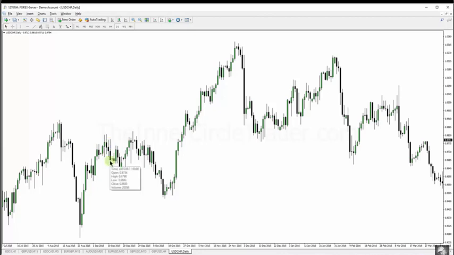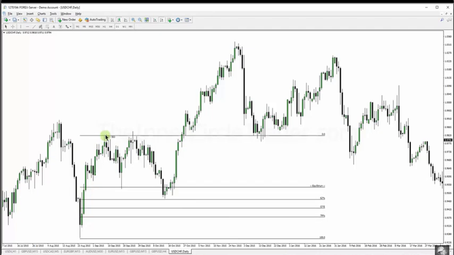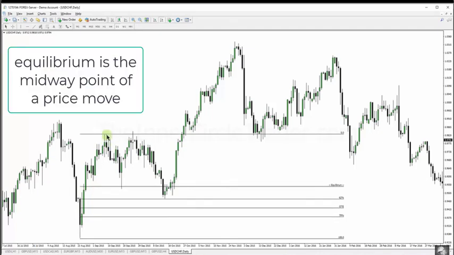When that happens, you start waiting for price to retrace back to equilibrium. Now, what is equilibrium? Equilibrium is a midway point of a price move. Okay, so we're measuring the high from this low. You take your fib, you draw it up to the low, and you drop it. Equilibrium is over here.